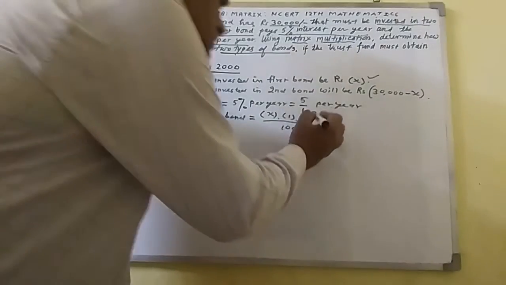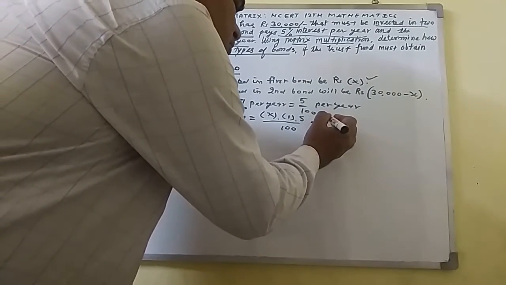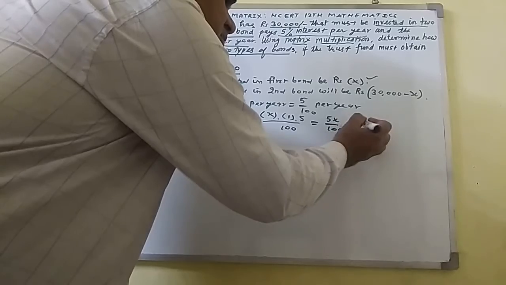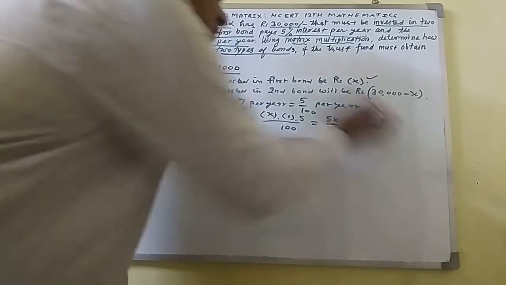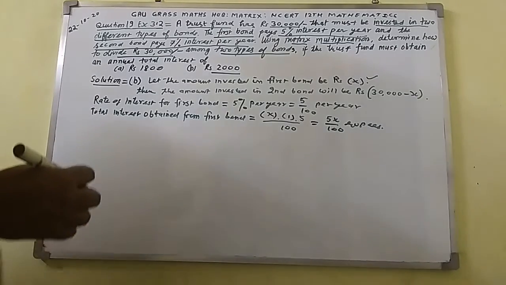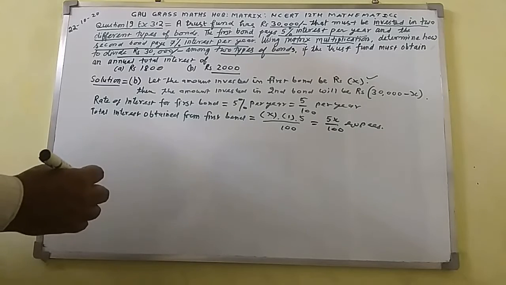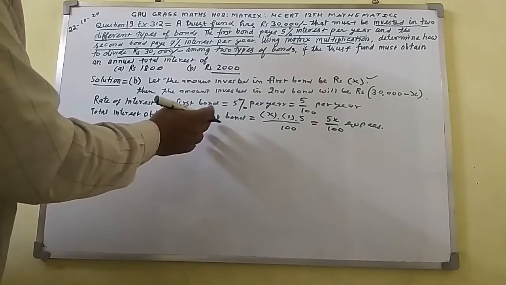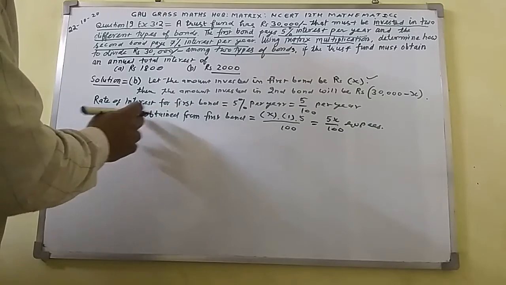So you will get 5X over 100 rupees. From the first bond, the interest obtained is 5X over 100 rupees.